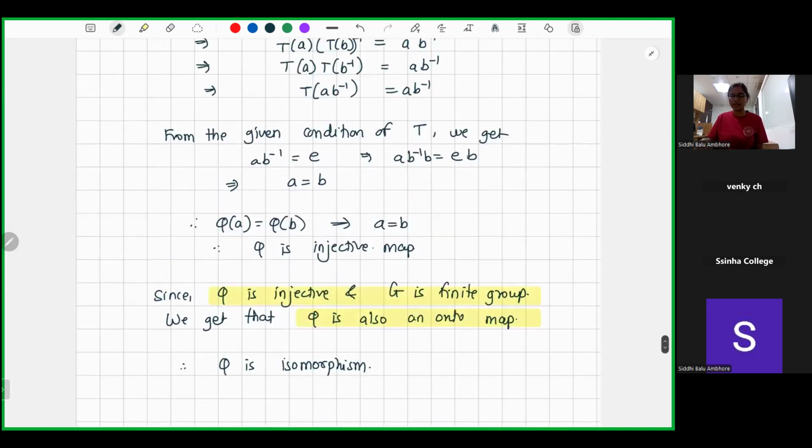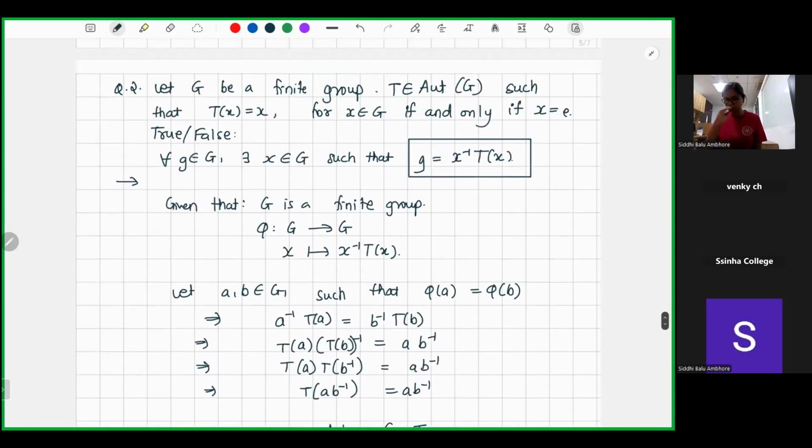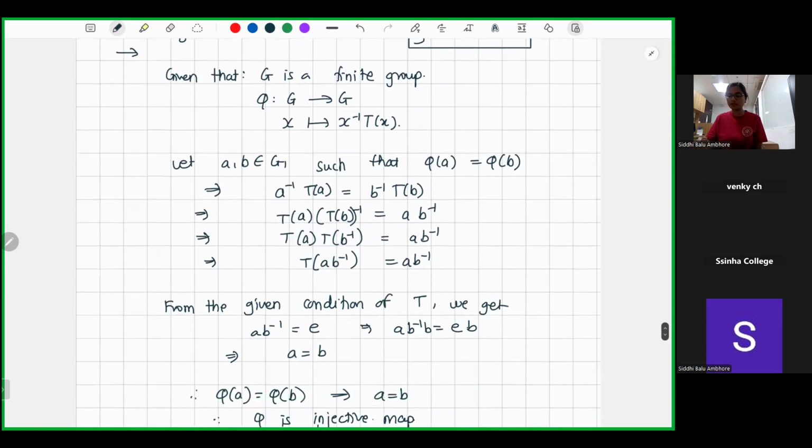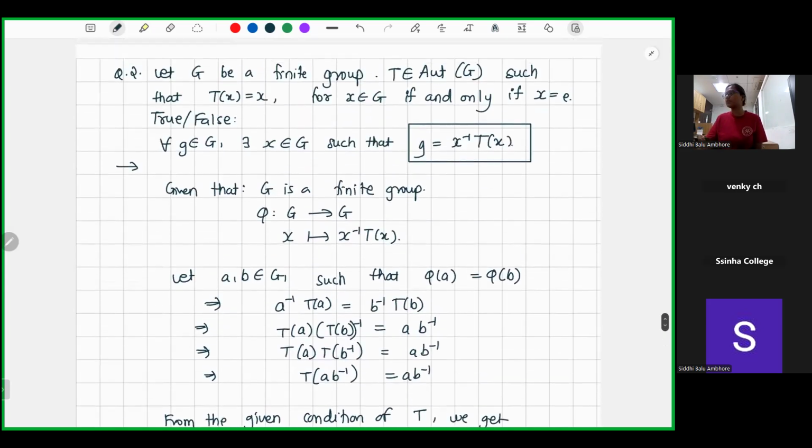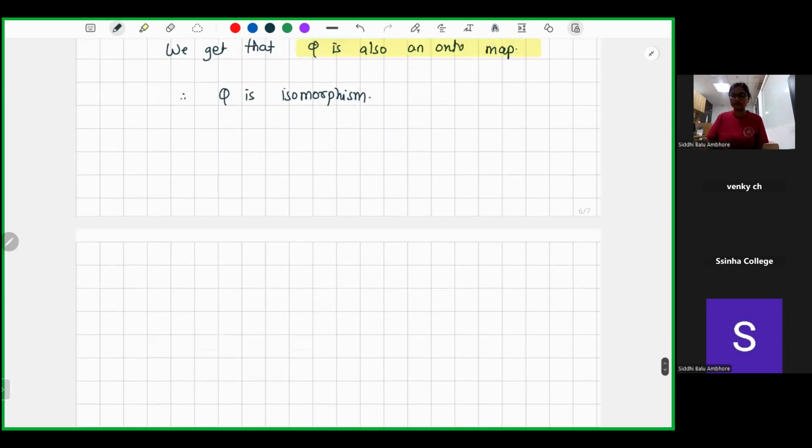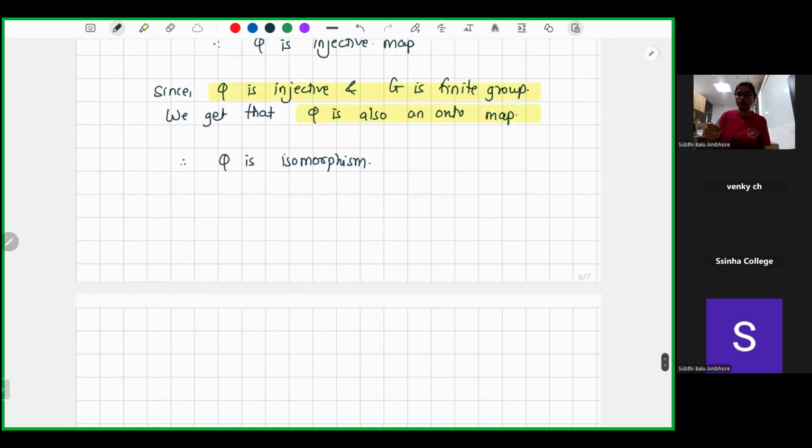Okay, so once I have that phi is an isomorphism, this will imply what? Or we do not even need isomorphism.